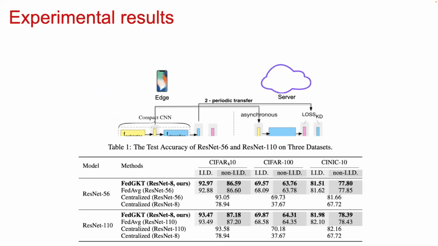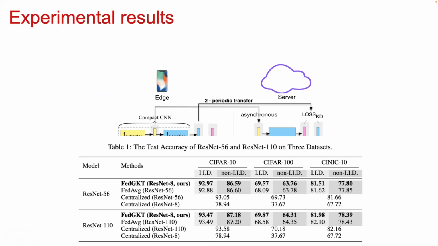Okay, so here is the comparison. We have looked at the comparison in various computer vision benchmarks, CIFAR-10, CIFAR-100, CINIC-10. Let's look at the ResNet 110 that I mentioned. The baseline is federated averaging. This is the case that assuming that you have no resource constraint, like the best that you can hope for, but now having 2 orders of magnitude less compute at the edge.